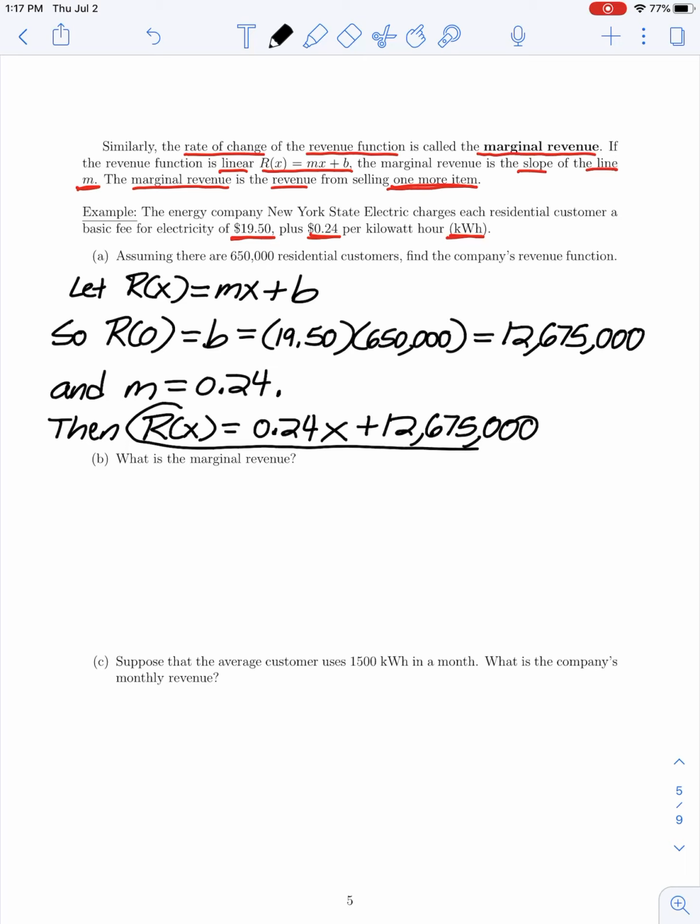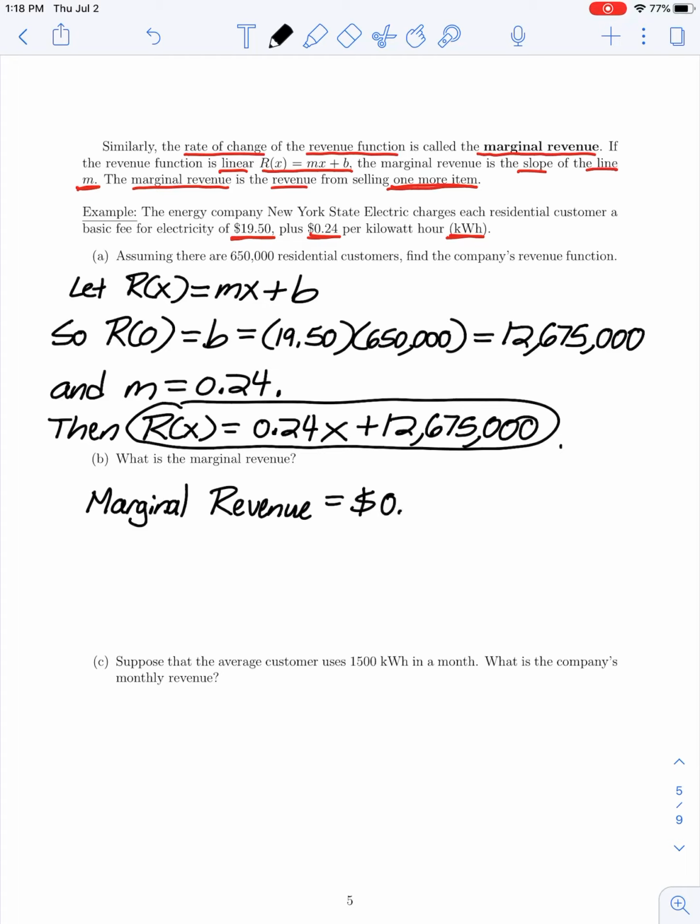So this would be our revenue function. And in part B, we're asked again, okay, well, what is our marginal revenue? That is the slope of this line. So here our marginal revenue is equal to $0.24, or 24 cents per kilowatt hour here.